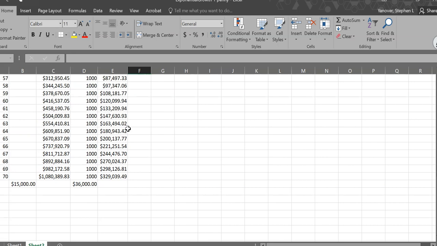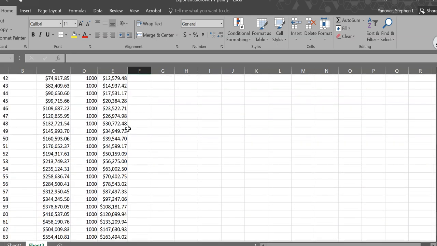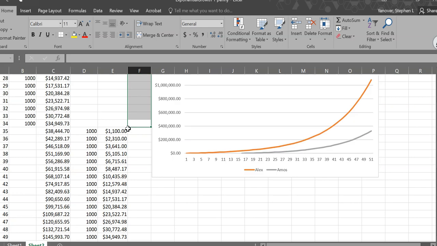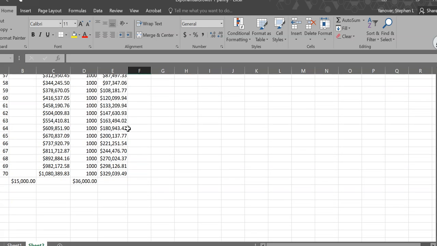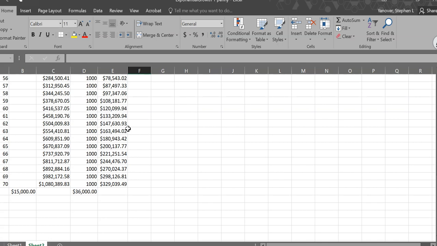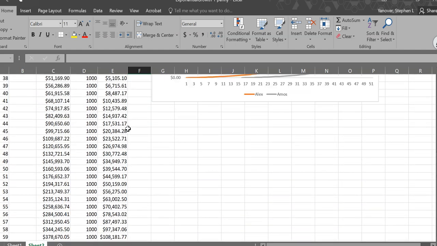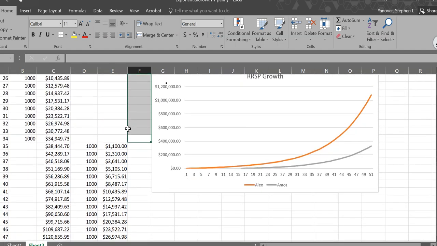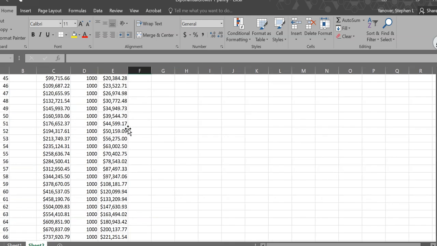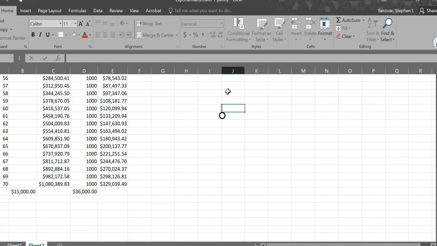When they turn 70, the guy who last put in money when he was 34 has $1,080,000, and the other guy who's been putting in 1,000 a year since he was 35 until age 70 has $329,000. This guy put in 36,000 in total, but started 15 years after the guy who put in 15,000. He's got $700,000 more.